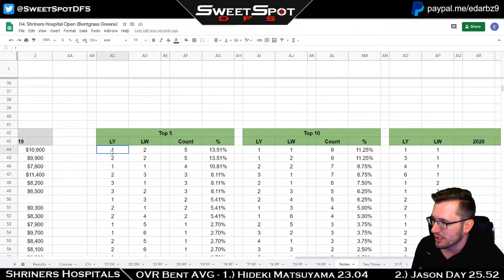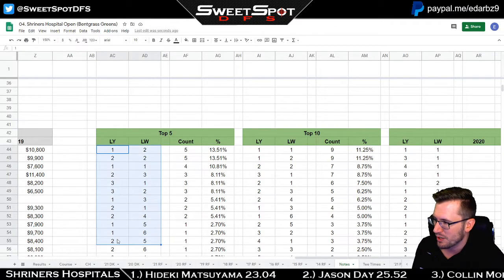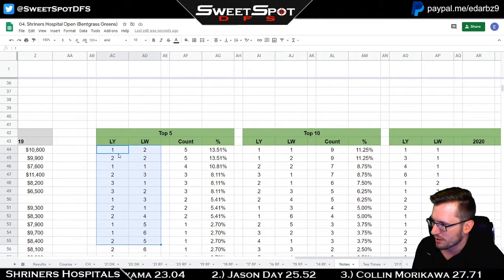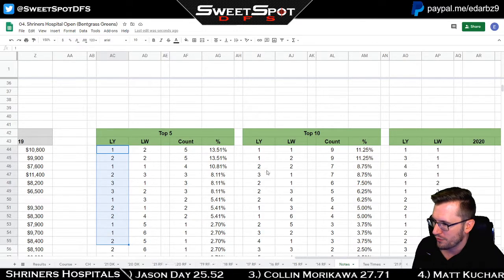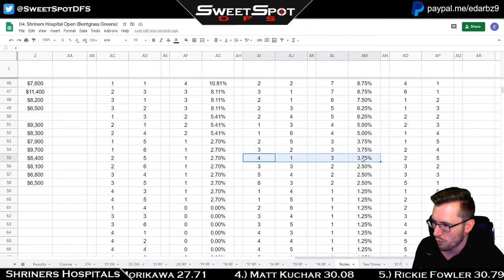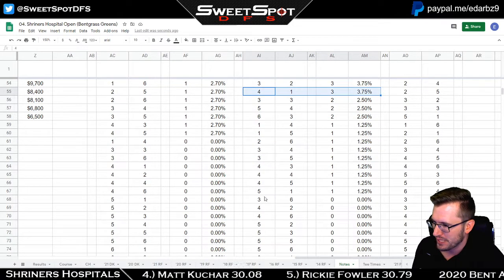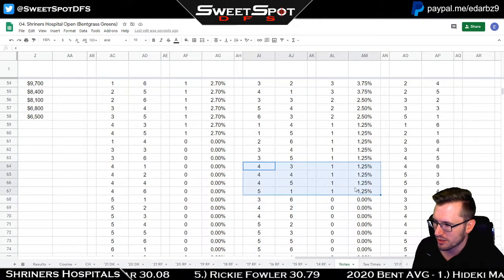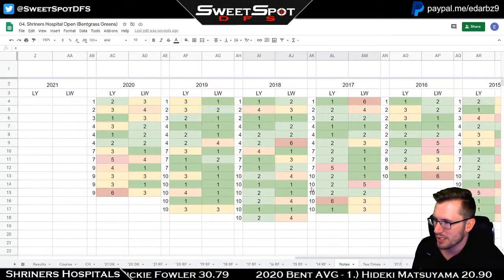And unfortunately, even if we look at top 5s, we see no last year 4s. And if we look at top 10s, the best last year 4 we see is a 4-1. And then we see a bunch of 4s down here.